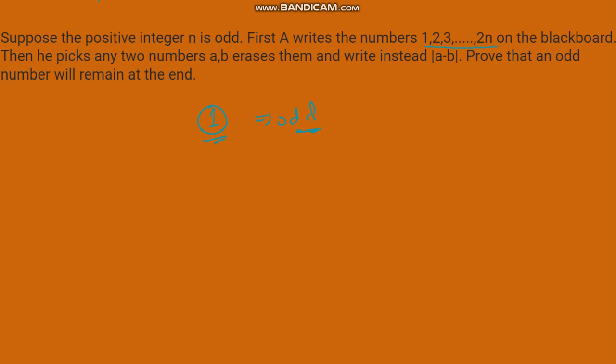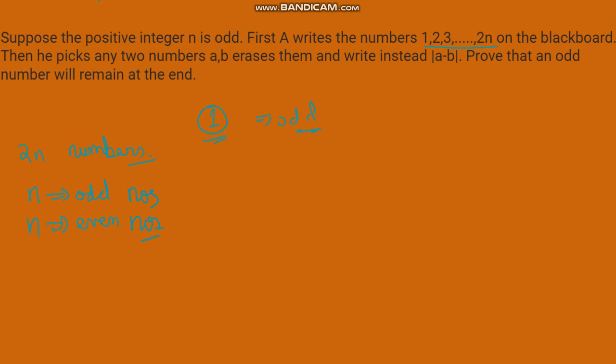Fine. So it's not a proof as such, but we can see that it's happening. I'm just taking it randomly and I'm getting one. So now let's get into the generalization. There are 2n numbers. From this we can say n odd numbers and n even numbers.